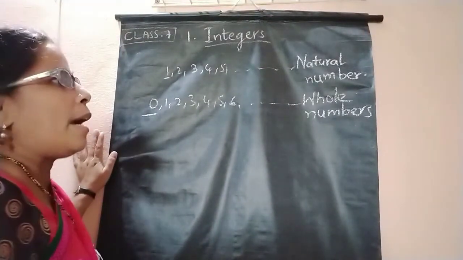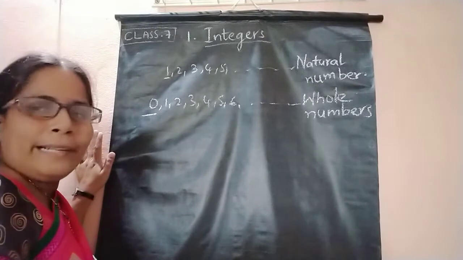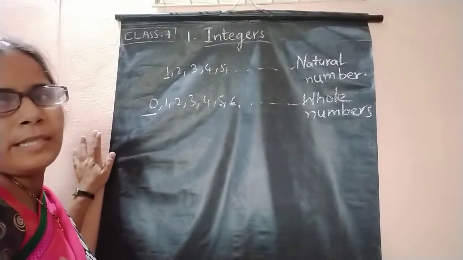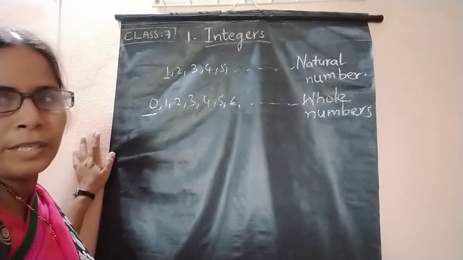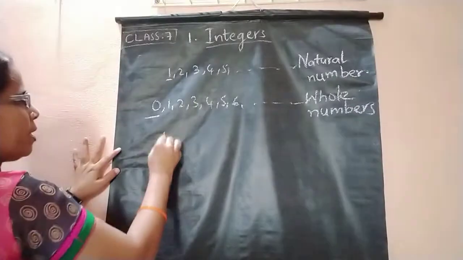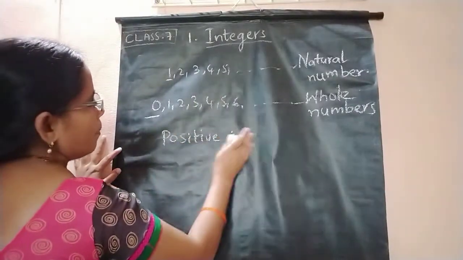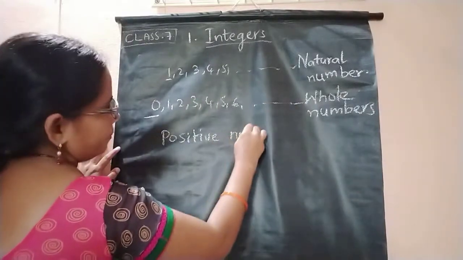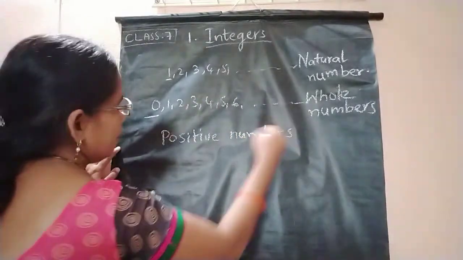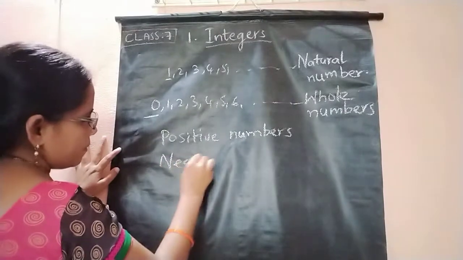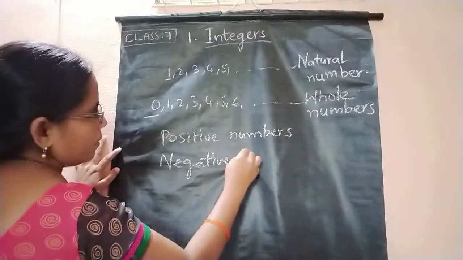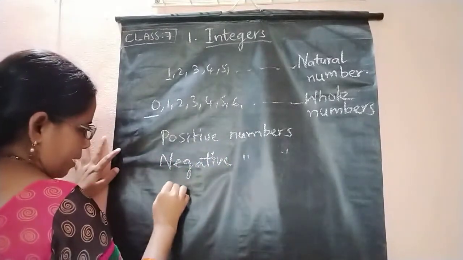That's it. And next, integers. What is meant by integers? Integers are nothing but positive numbers, negative numbers, and 0.